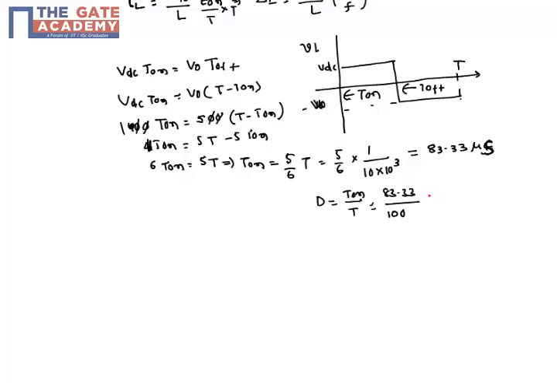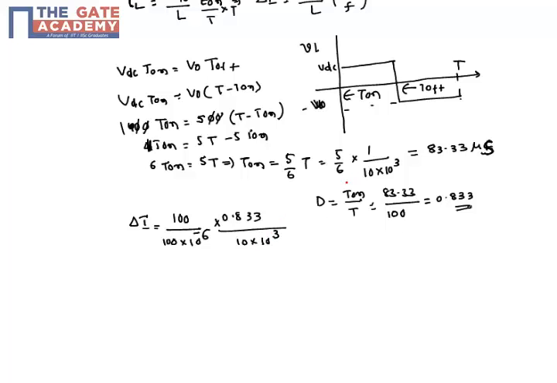So how much will you get? You will get 0.833. So you just substitute this value in the delta I. So delta I is equal to VDC, which is given as 100, by the L value given in the circuit, which is 100 microhenry, into duty ratio 0.833 by the frequency, 10 into 10 cube.